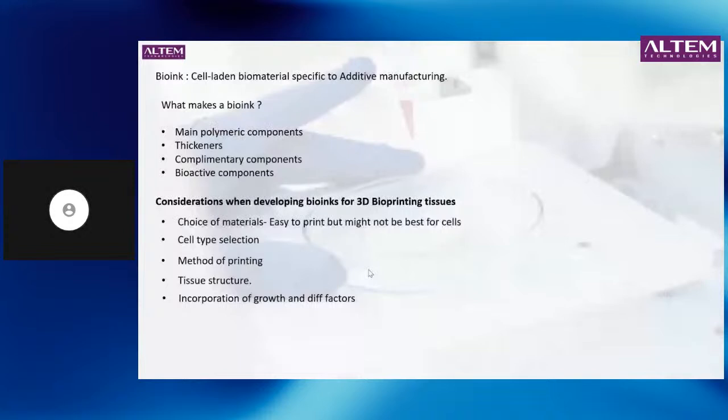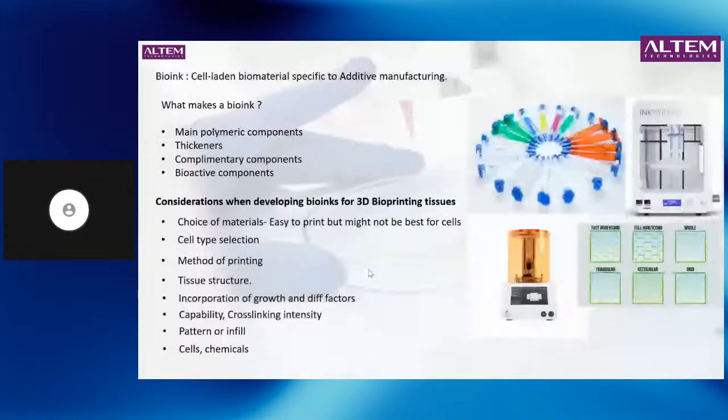Incorporation of growth and differential factors, capability, that is cross linking intensity, etc., pattern or infill. So chemicals and cells. Pattern or infill is actually a very broad concept, but when you talk of it, patterns or infill are good in terms of allowing better stability of the structure.